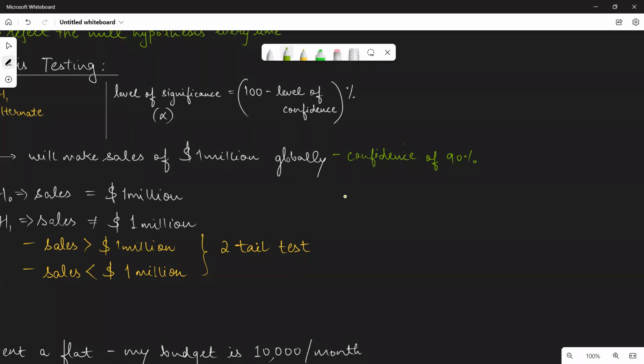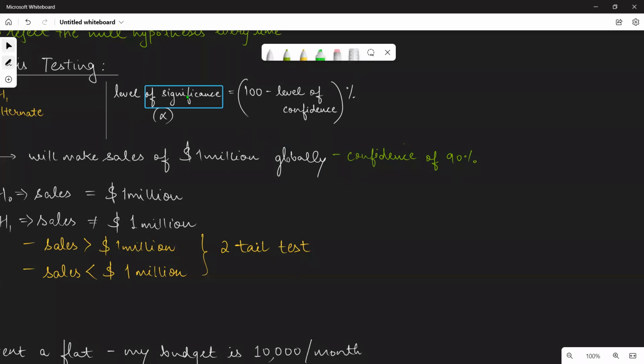So same thing, confidence of 90%. Now, for us, level of confidence is not very important. For us, level of significance is important. But the problem is we can derive level of significance with the help of level of confidence only.